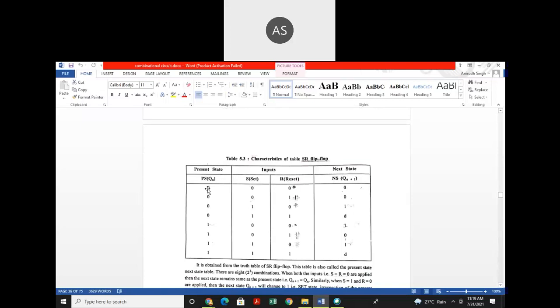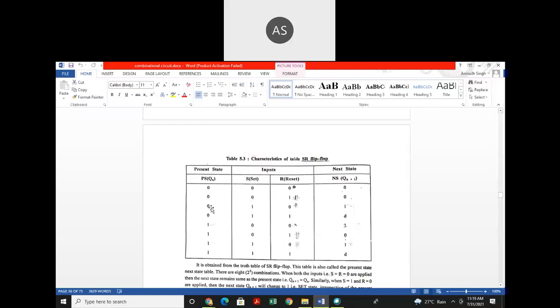Suppose previous state is 0, and if S and R both are 0, it means that there is no change in state, then next state will remain in 0 state. When present state is 0, S is 0, R is 1. If S is 0, R is 1, it means reset state. Reset state means Q is 0. So next state is 0.